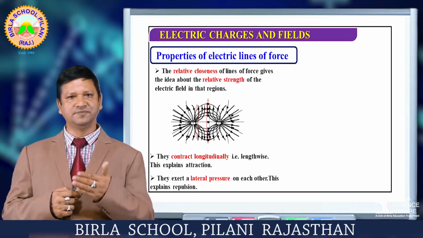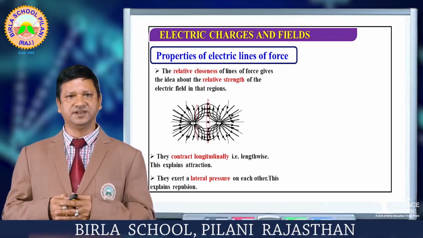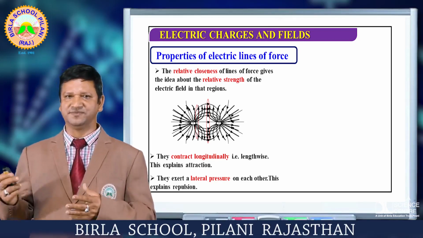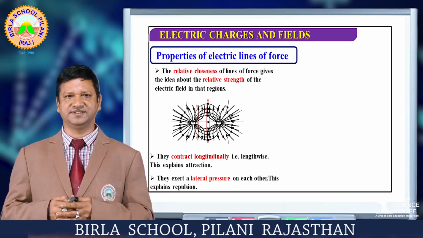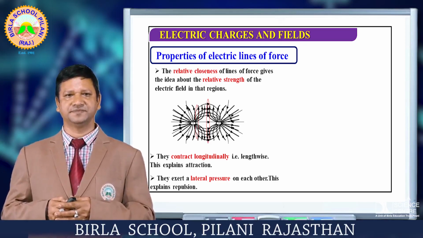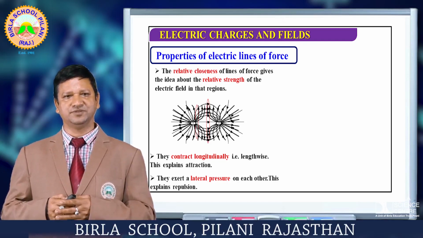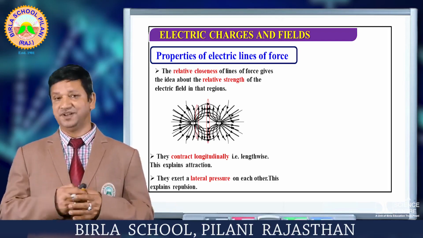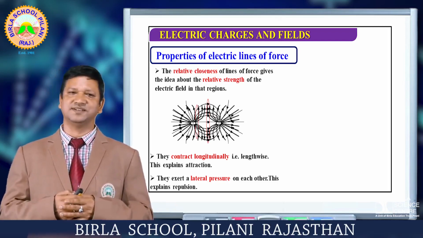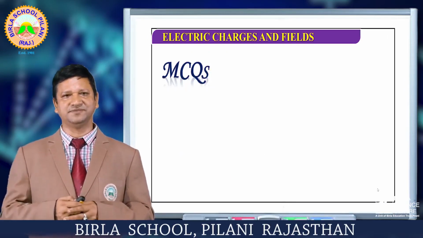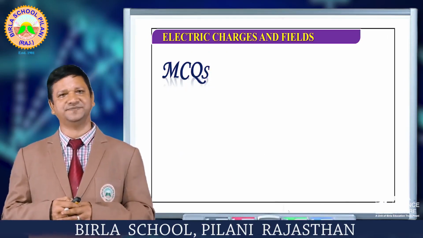So how they exert a pressure on one another, you can see very beautifully in this diagram. Because of this lateral pressure on each other, because of the similar nature, this explains the concept of repulsion.